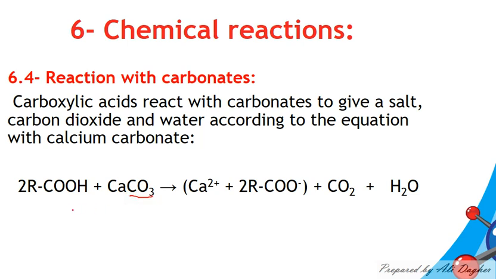CO3 2 minus with 2 H plus gives carbonic acid H2CO3. H2CO3 is unstable. It decomposes into CO2 and H2O. Then the final products are salt, calcium alkanoate, CO2, and H2O.